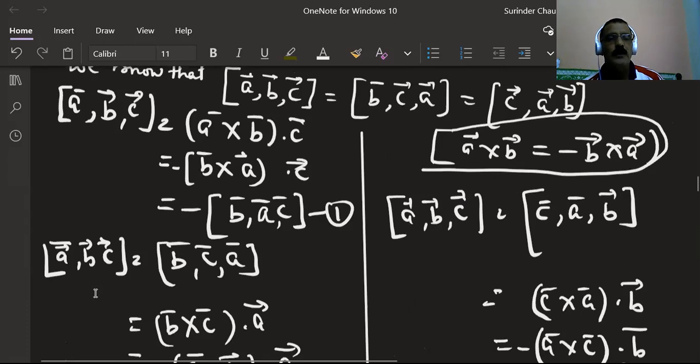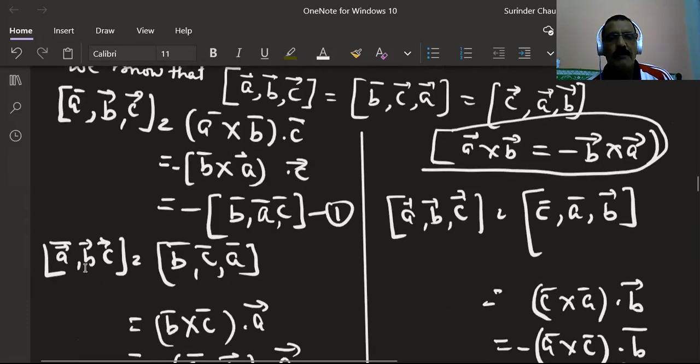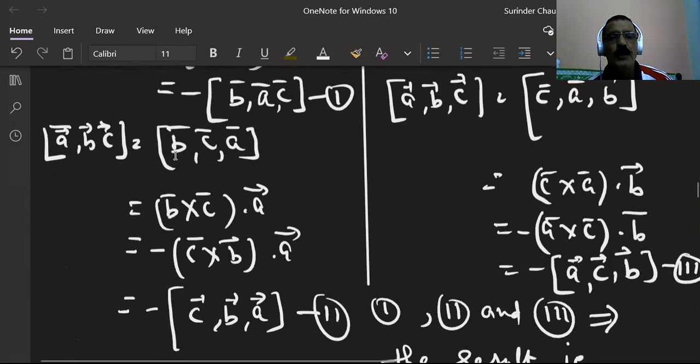For the second result, we'll take the second equality. The scalar product [A B C] is equal to [B C A]. If we take this left hand side equal to this, by definition we write this equal to (B cross C) dot A. Again in this bracket we'll apply, because this is a cross product, which is non-commutative, that if we change the order of the vectors, the sign will change.